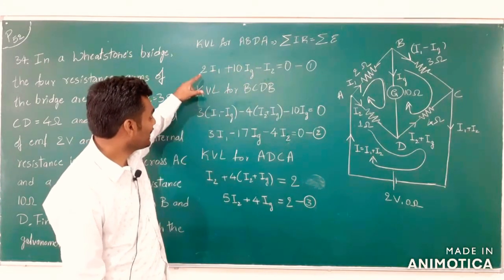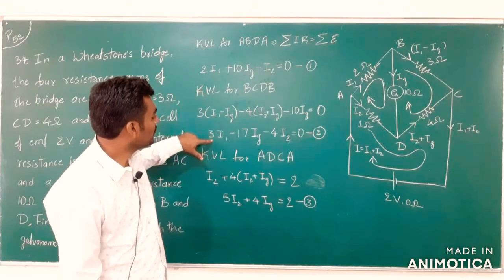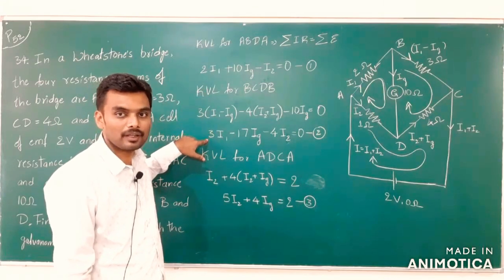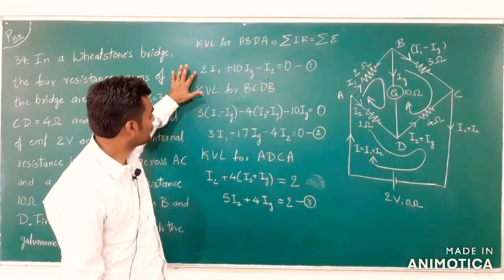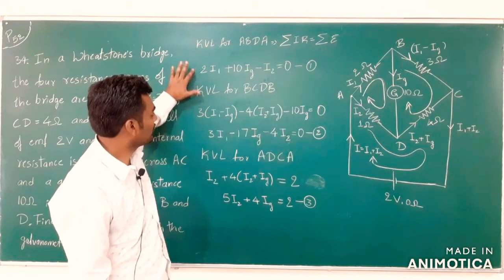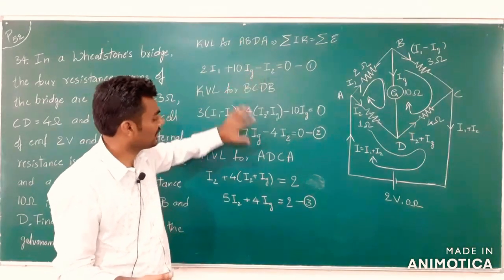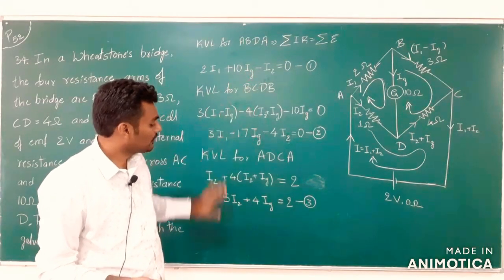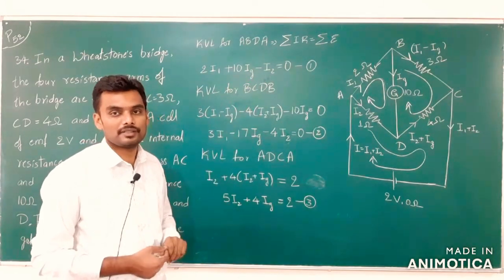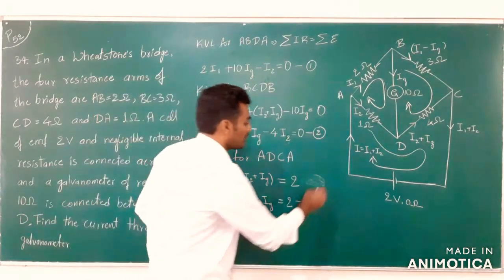So if I can eliminate I1 using these two equations, getting? So my intention would be to eliminate I1 from these two equations, and hence I'll get an equation with only I2 and Ig left, and I'll use that equation with this to get Ig, okay, right.